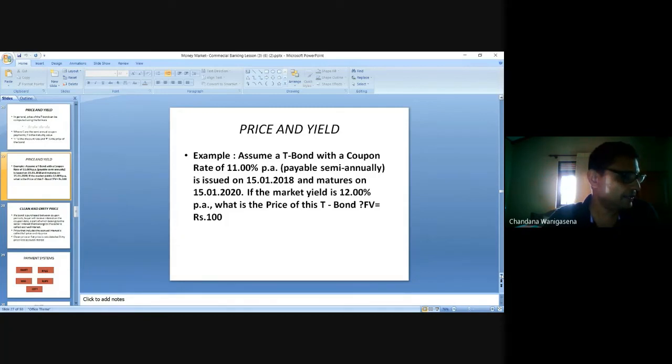Then the third cash flow, 18 months, 5.5 divided by 1 plus 0.06 to the power 3.